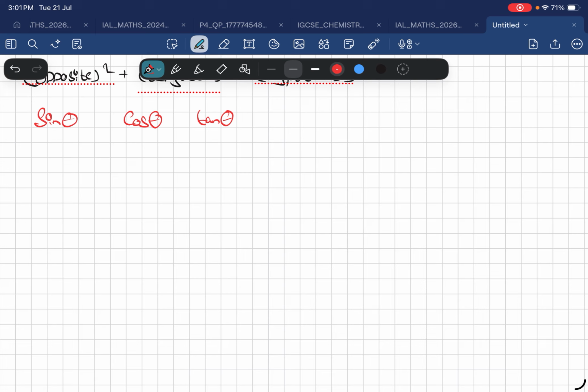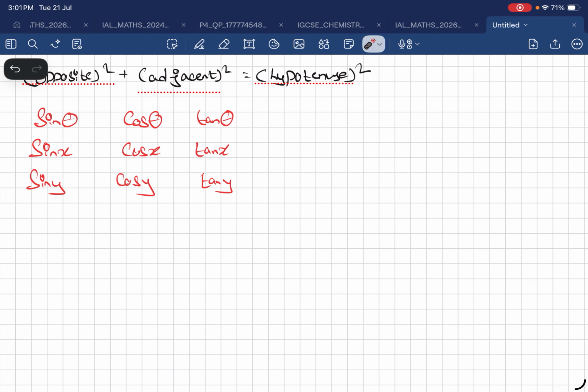So what do you mean by sine theta? Do you guys have any idea? It can also be written as sine x, cos x, tan x, sine y, cos y, tan y. I'm changing the alphabets only.